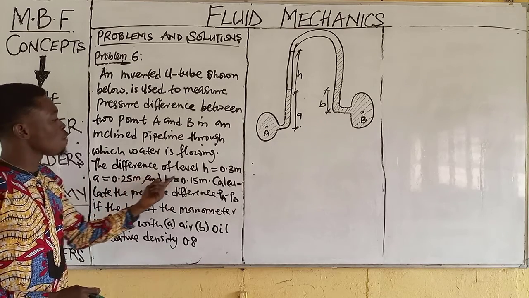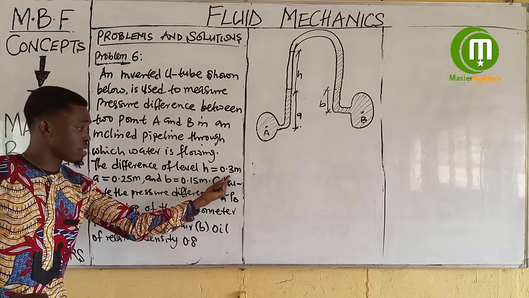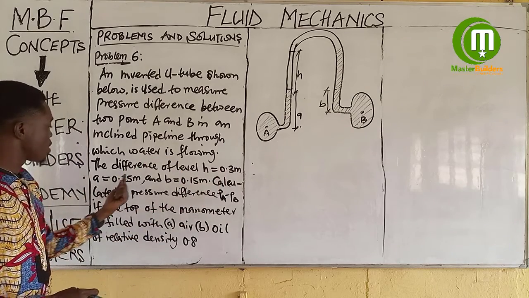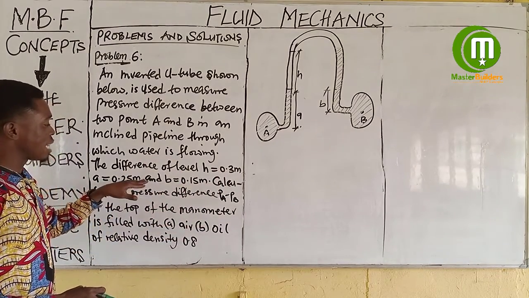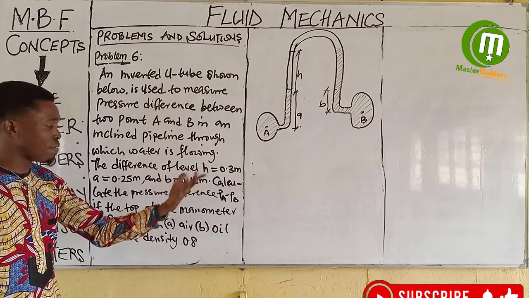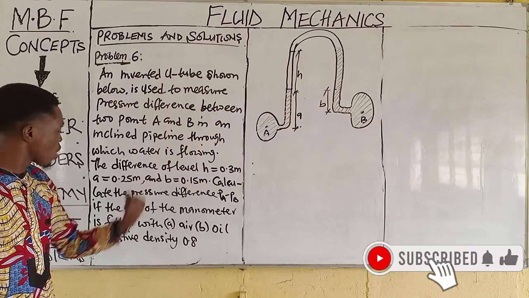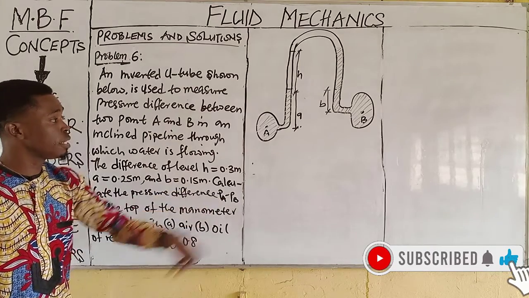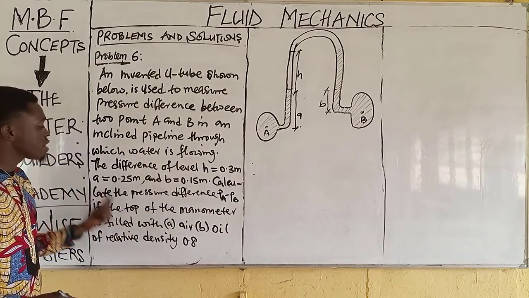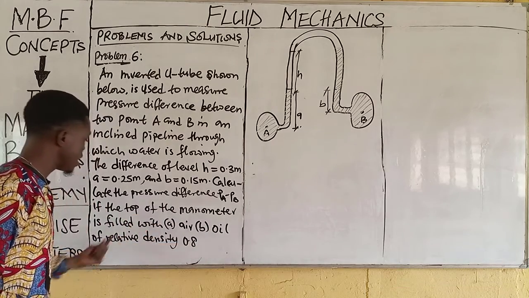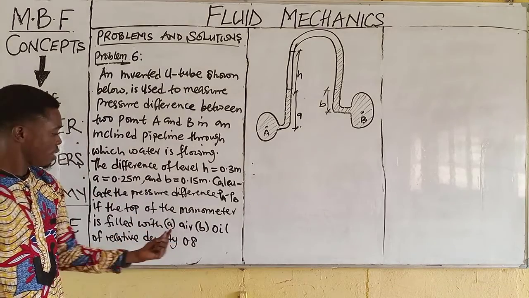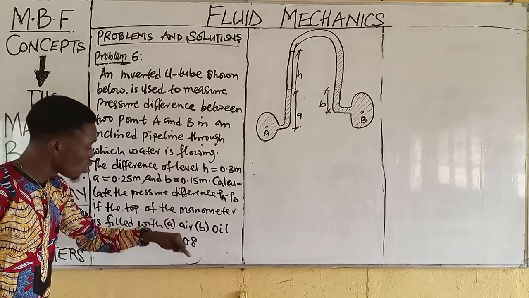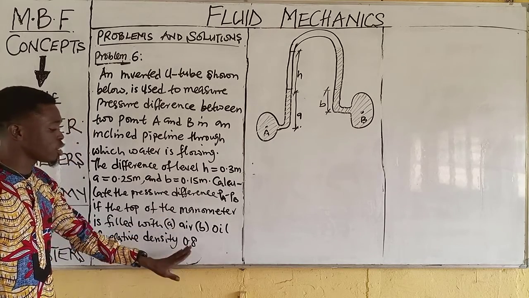The difference of level H is given as 0.3, A is given as 0.25, and B is given as 0.15 meters. Now we are asked to calculate the pressure difference, PA minus PB, if the top of the manometer is filled with 1, air, number 2, oil of relative density 0.8.